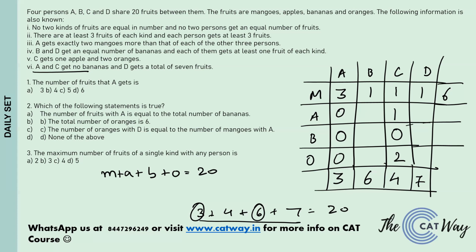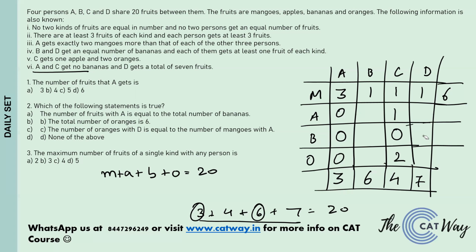And B will have all 3 columns filled with some number, and the total number of bananas of B is going to be equal to that of D. Chalo.